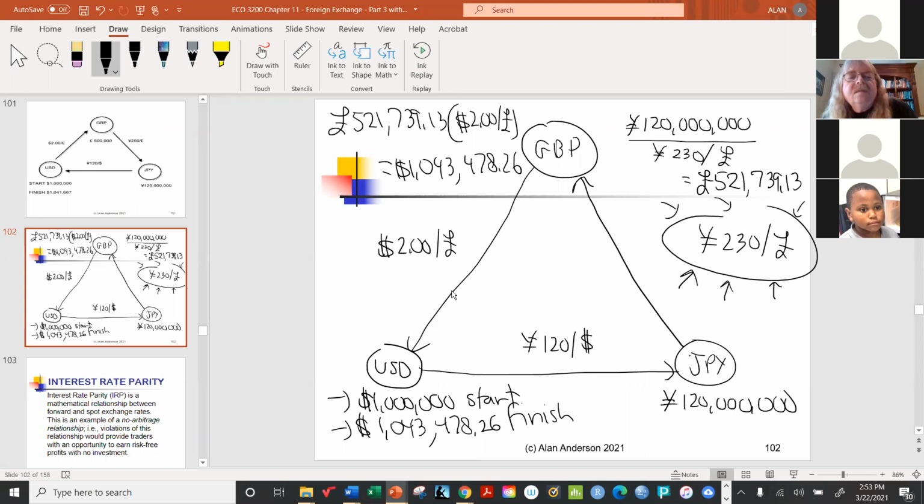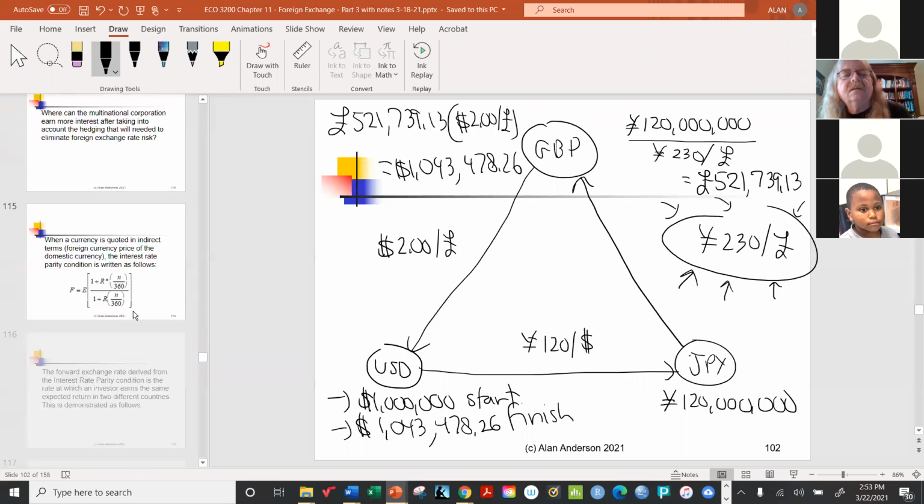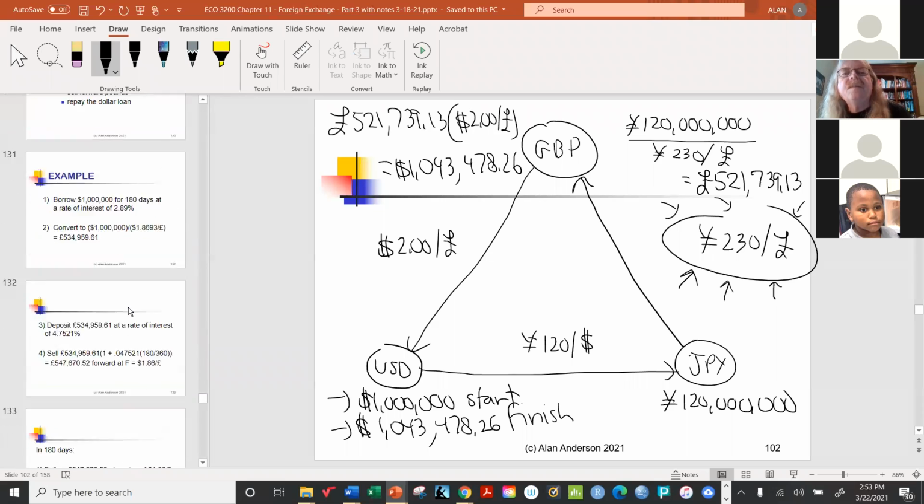Well, now we've got our third and final form of arbitrage to deal with. This one is very different because it involves not cross exchange rates, but spot and forward exchange rates.